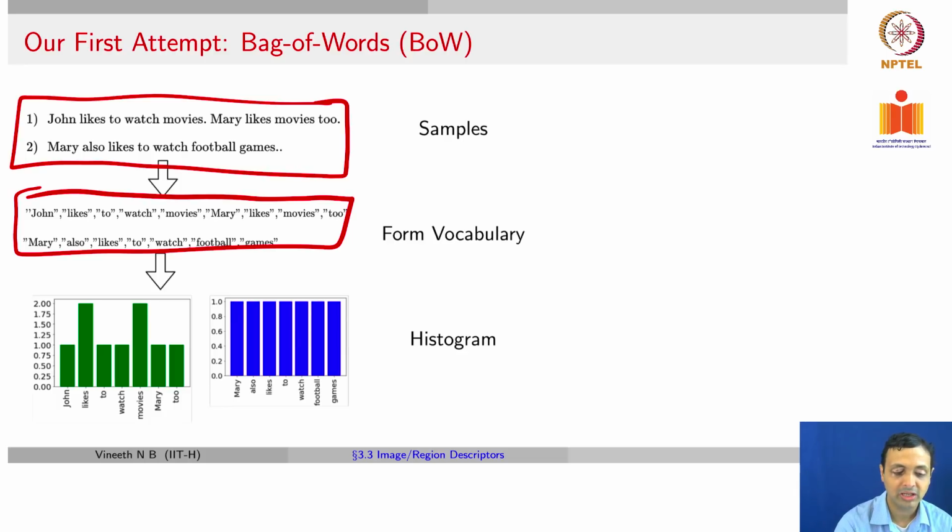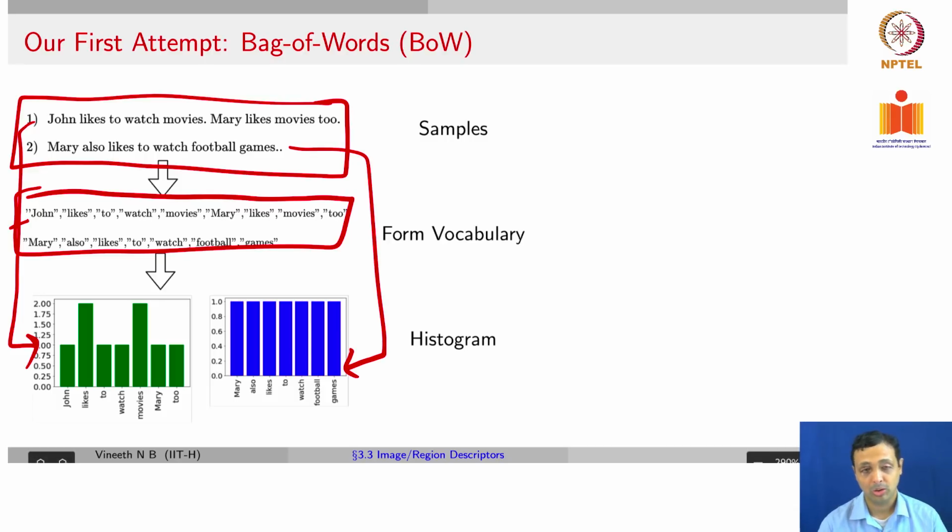And finally, for each of these sentences, you would come up with a histogram of how many occurrences of a particular word in your vocabulary happened in this particular sentence. So for each sentence, you can look up a vocabulary or dictionary and see how many times each word in the vocabulary occurred in this sentence.